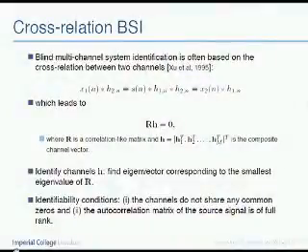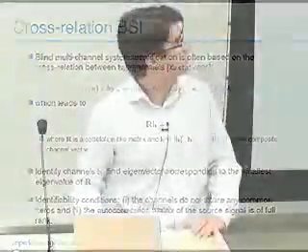So many of the algorithms which exist for this, the multi-channel system identification algorithms, are based on this cross-relation between two microphones. So you have basically that the observation of the first microphone convolved with the impulse response of the second microphone is the same as the observation of the second microphone convolved with the impulse response of the first microphone.